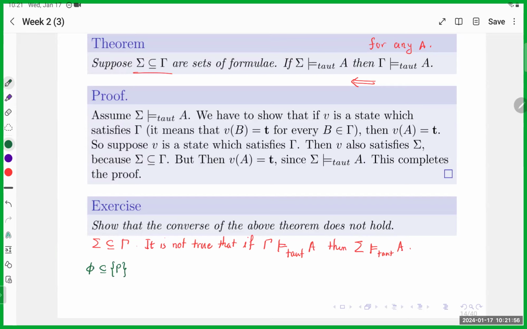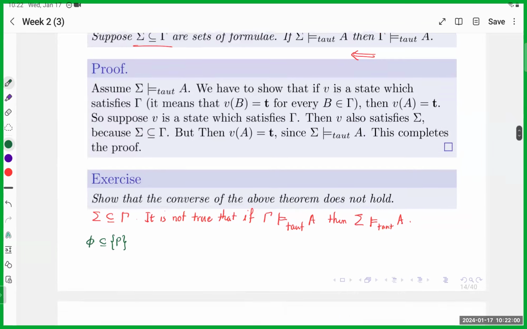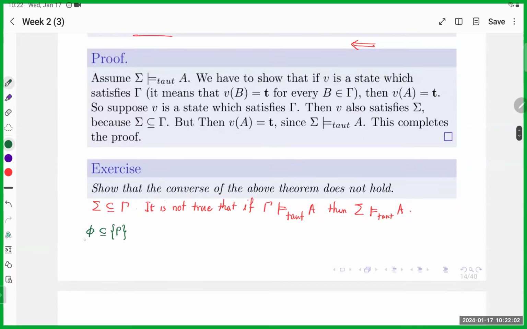I wrote P, but you could have written anything you want. Now note that if my A is also the formula P, then P tautologically implies P. As I said, this P could be any formula. Just pick a specific one.